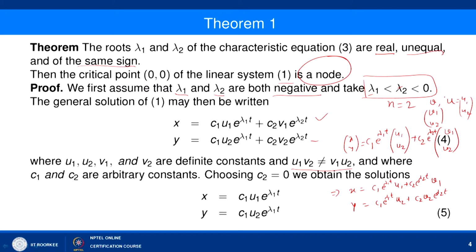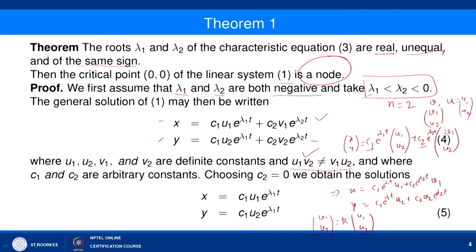If we take v1, v2 as k times u1 and u2, this condition is easily verified. And since C1 and C2 are arbitrary constants, we can write down the general solution as xy. Now we consider different cases corresponding to C1 and C2.